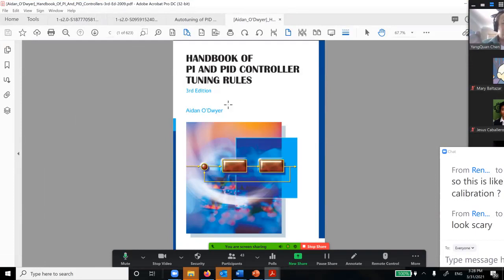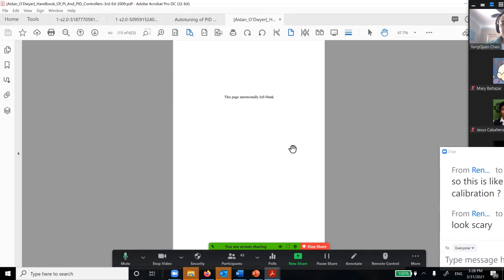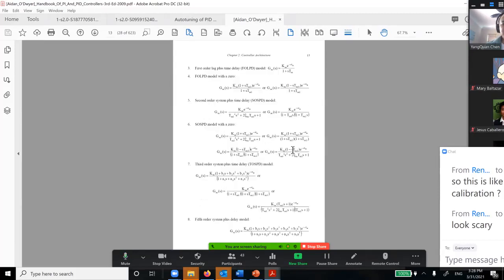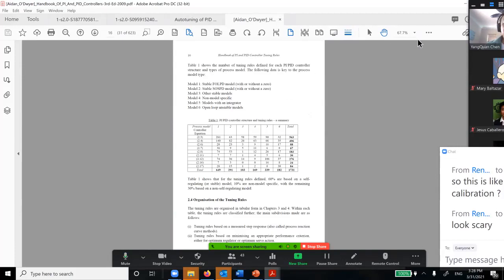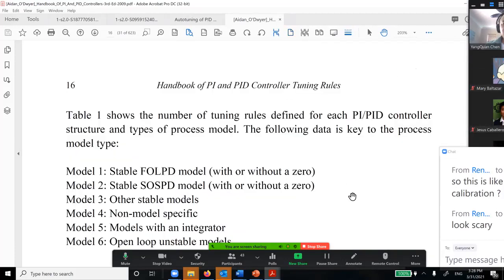As I told you, in industry, 90% of the controllers are PI or PID type. So if you have a rule included in this book, people will remember you. But unfortunately, there are just too many of them. So I have something here. This is a table to scare you.